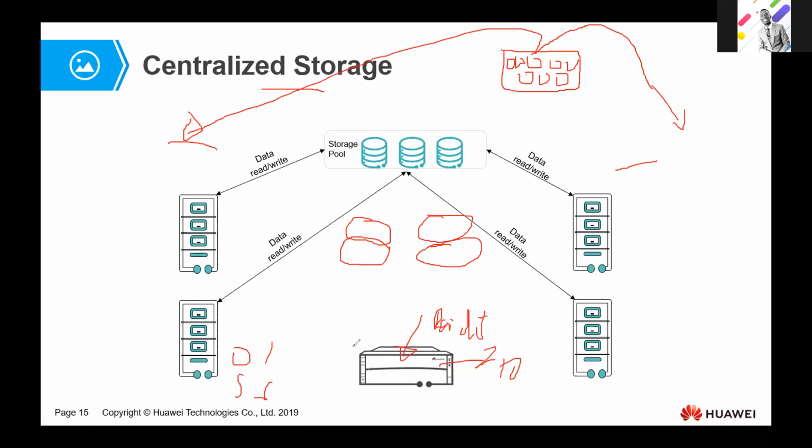So this storage device here has different independent disks inside it, which we are now putting together to come up with our logical disk, which our servers will access and read and write data.